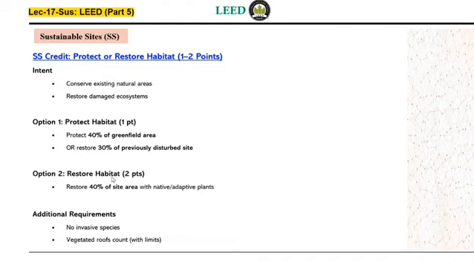Option 2 is restore habitat, which has 2 points, good points. For this, we have to restore 40% of site area with native or adaptive plants. Additional requirements are no invasive species, and vegetated roofs count with limits.